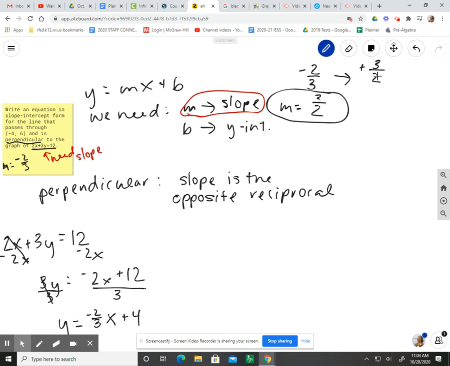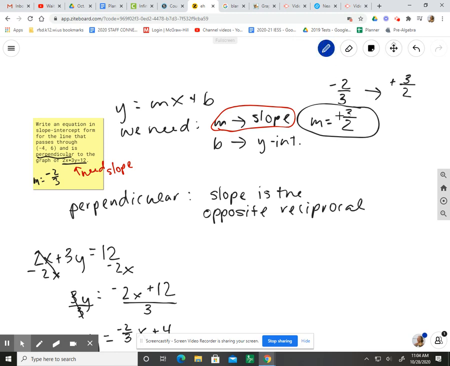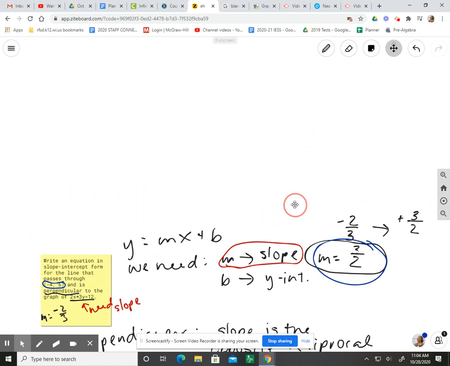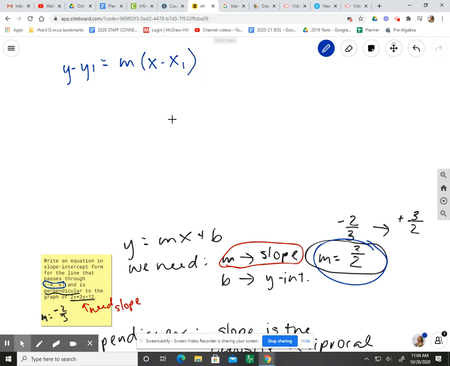So the line that we have, the slope, I'll circle that in blue. And we have a point that the line goes through, so we can use our point-slope form. Remember, point-slope form is this form.